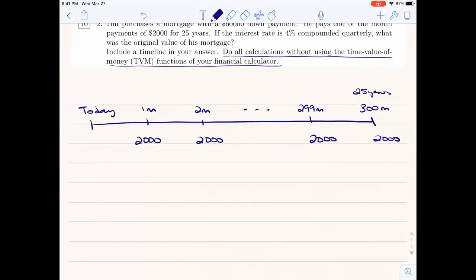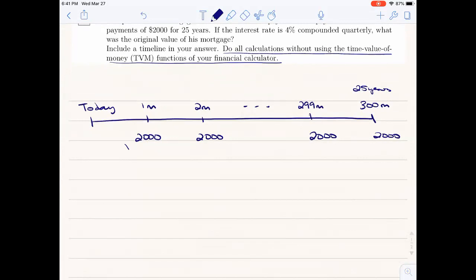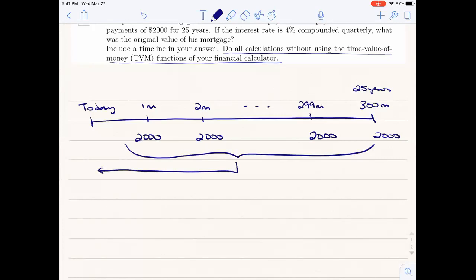If the interest is 4% compounded quarterly, what was the original value of his mortgage? I realized when I was going through this one that the value of the mortgage is technically just the value of the loan. But if you went a little bit further and found the value of the home, then that's fine.